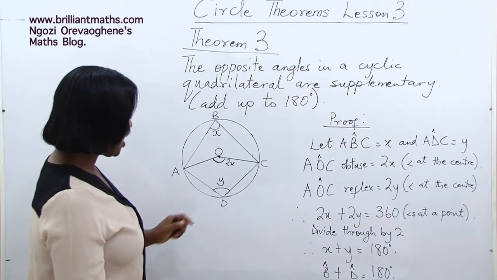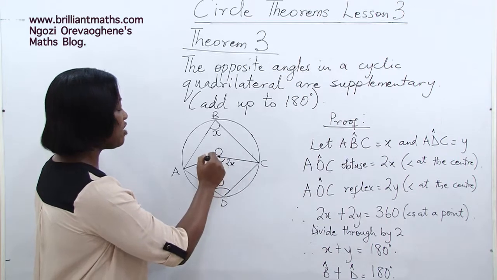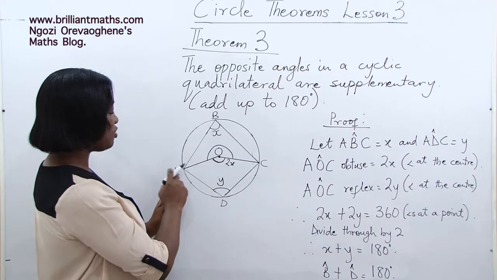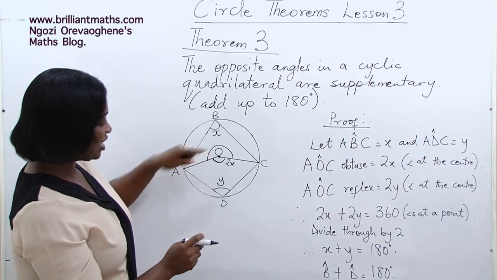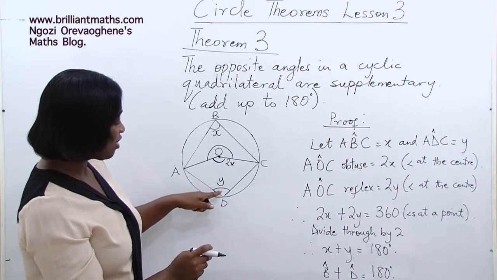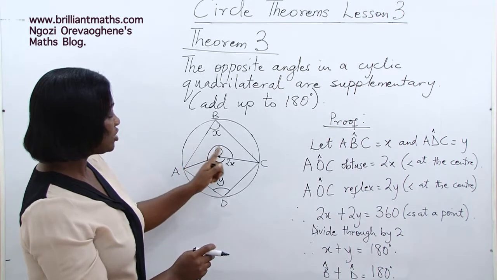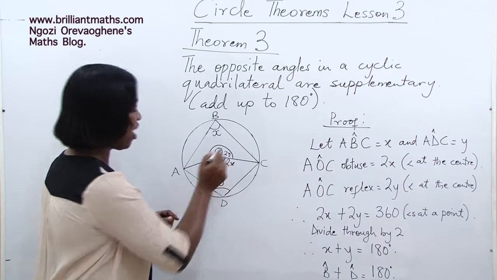Then we look at angle AOC reflex. That's the angle at the center, and the angle at the circumference is y. So AOC reflex is equal to 2y.